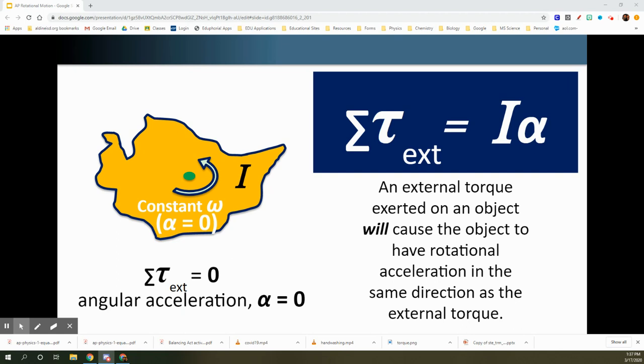Yeah, Gabriel, if the sum of the torques equals 0, there'd be no angular acceleration, because that would make the left-hand side of the equation 0. So then everything becomes 0.